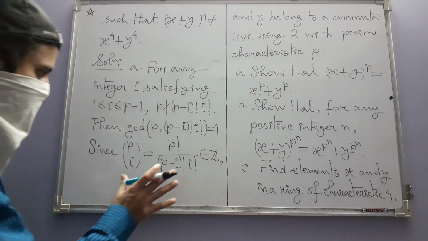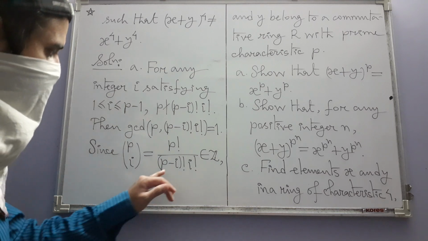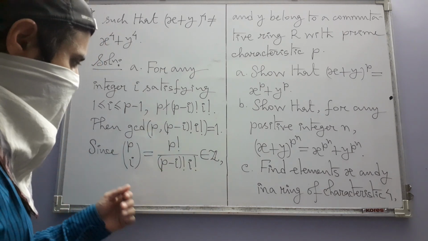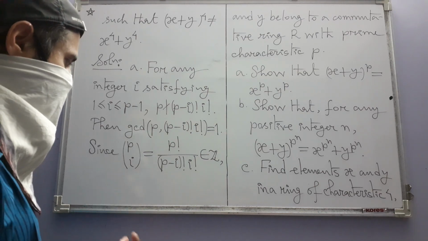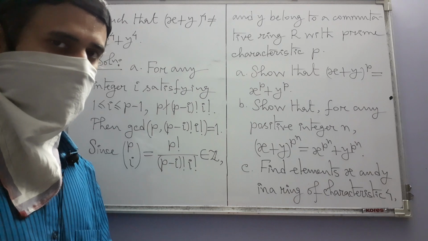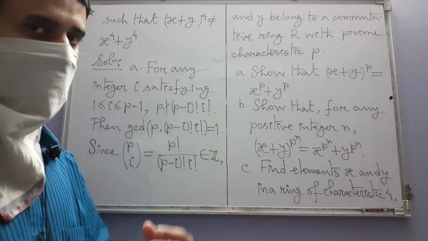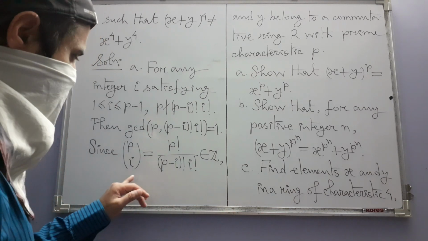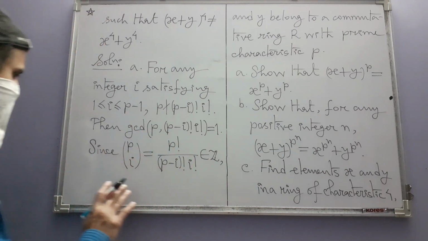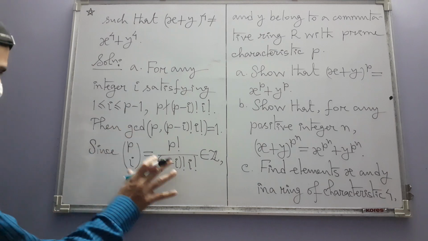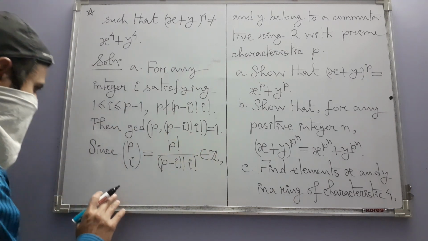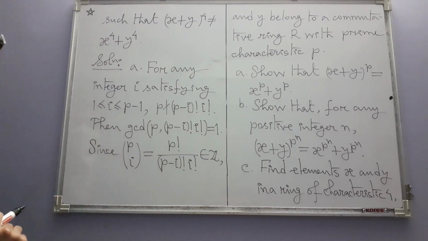That is one thing we already know, and in fact we know what this integer is. It is that positive integer which gives you the number of ways of choosing I objects from P objects. It's an integer, that's what matters. Positivity is really not needed.